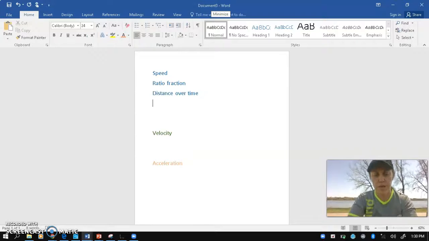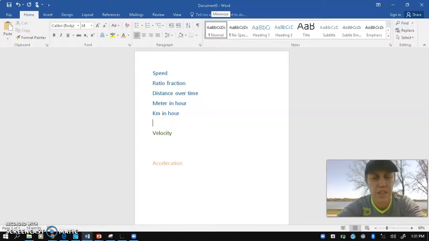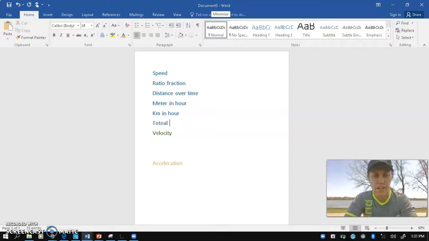So it's going to be meters in an hour, kilometers in an hour. So that's about what they're going to say. They'll say average speed or total speed, something like that. So I'm going to go ahead and write that.